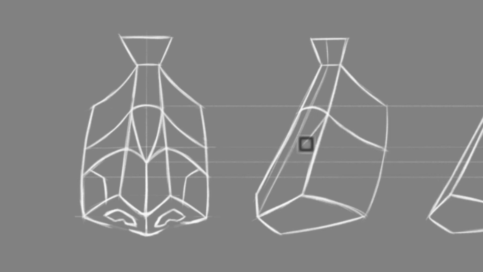Next, we'll draw in the front portion of the lateral cartilage. Then we'll sketch in the greater alar cartilage. The far side will be slightly foreshortened, so we're only going to see a little bit of it peeking through.